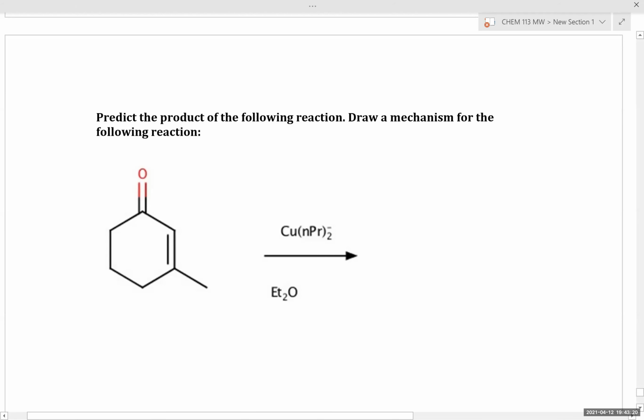Would anyone like to share their proposed mechanism on the class whiteboard? So would anyone like to try to annotate out the proposed mechanism for this organocuprate addition?